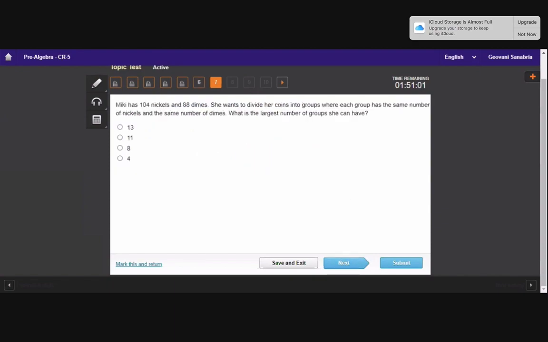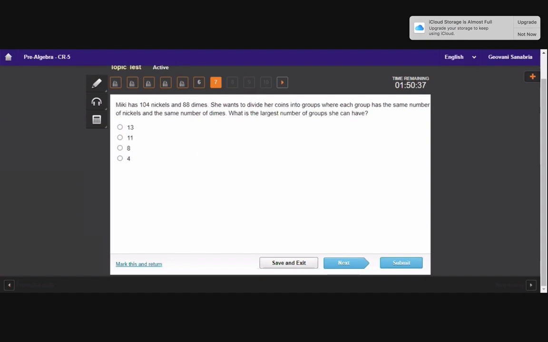All right. 4 nickels and 88 dimes. To groups where each group has the same number of nickels and same number of dimes. What is the largest number of groups she can have?